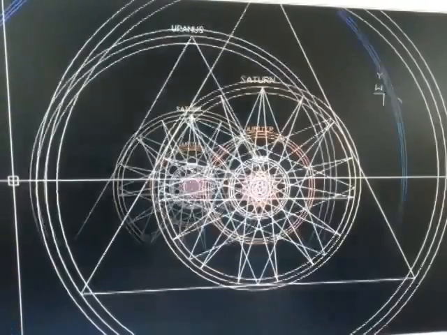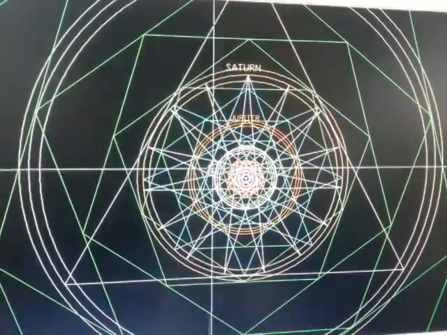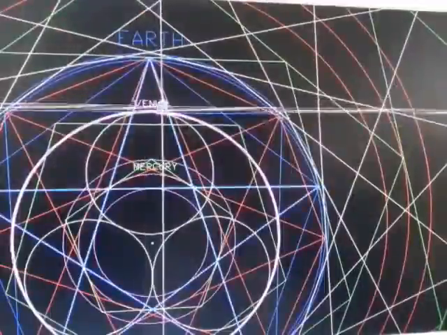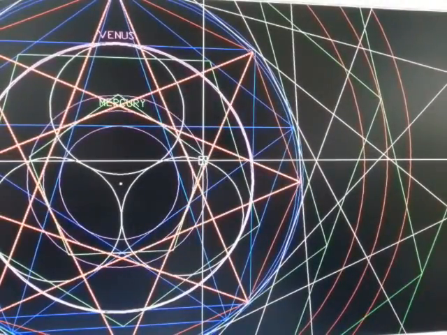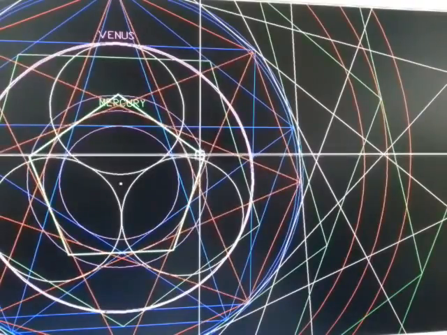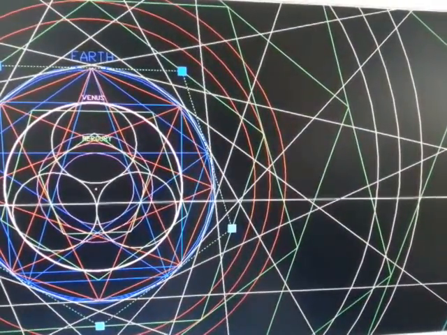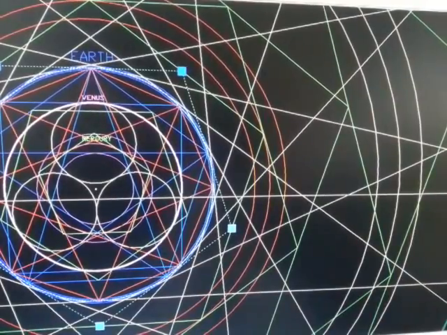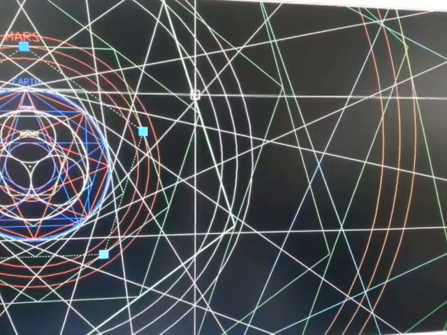What else have I done there? Also found that with a pentagonal recursion, starting from the inscribed mean orbit of Earth, then we find pentagonal recursion falls on Mars's mean orbit.